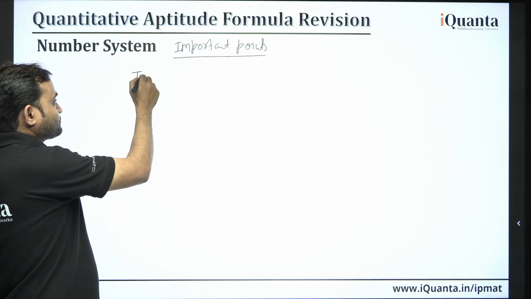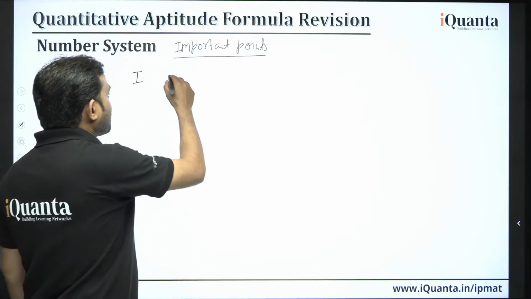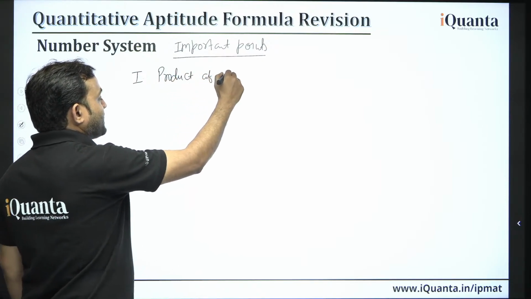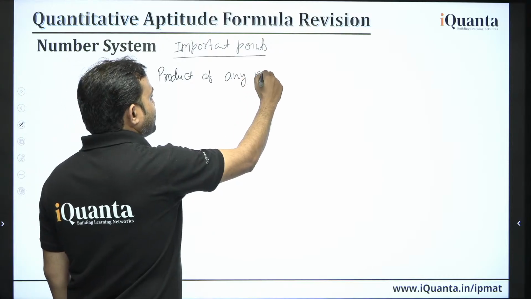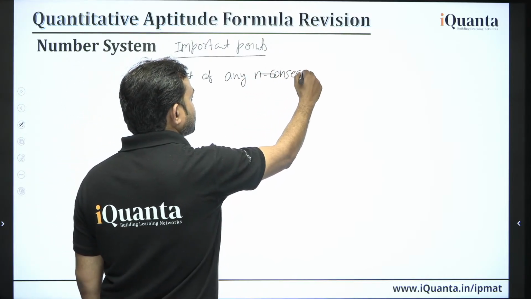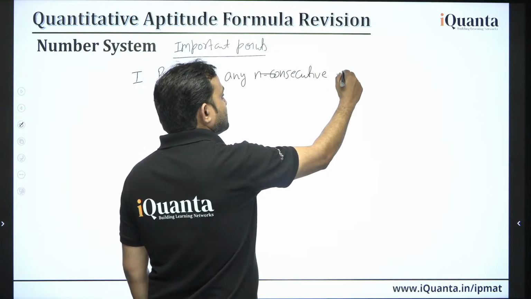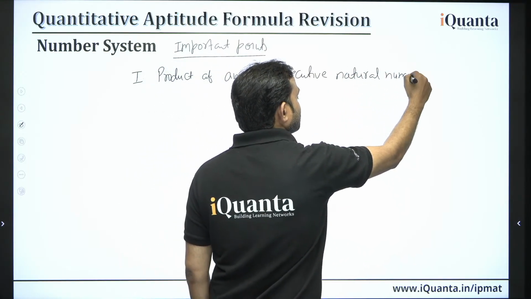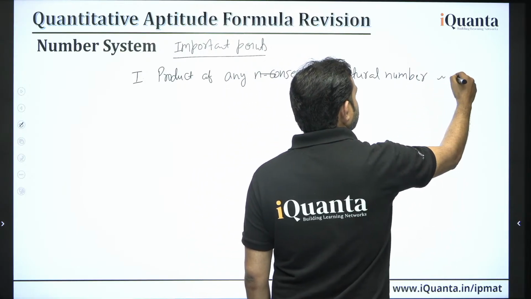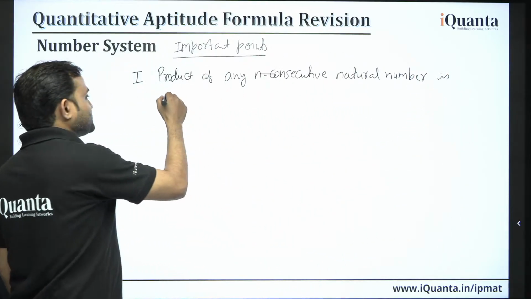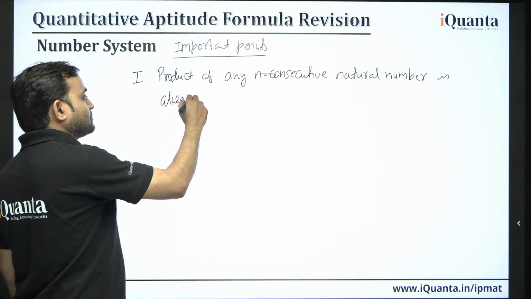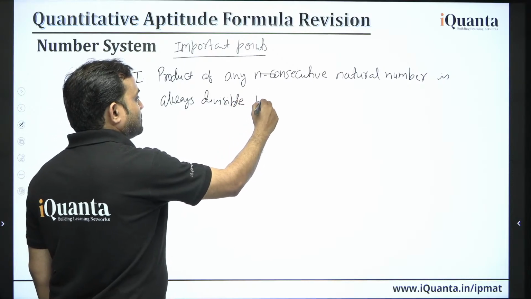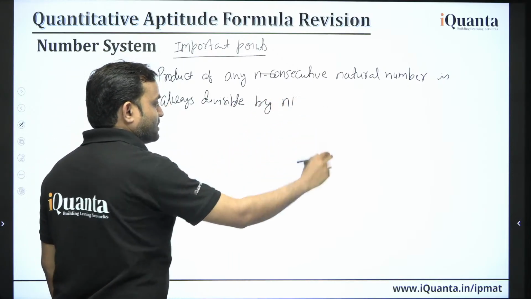First one is a product of any n consecutive natural numbers is always divisible by n factorial, okay.